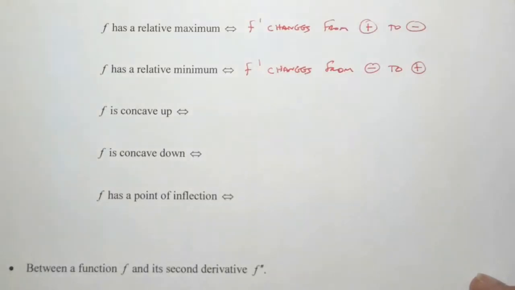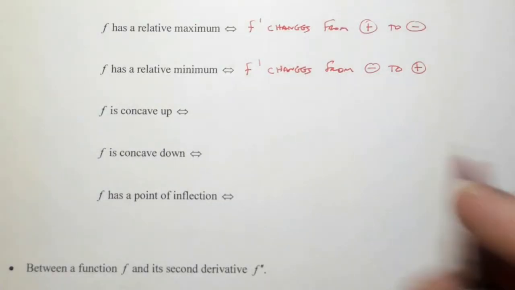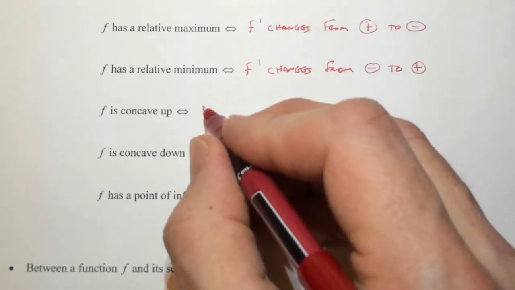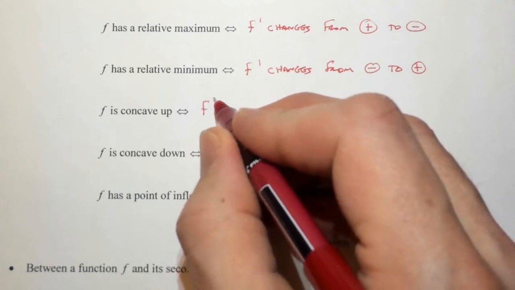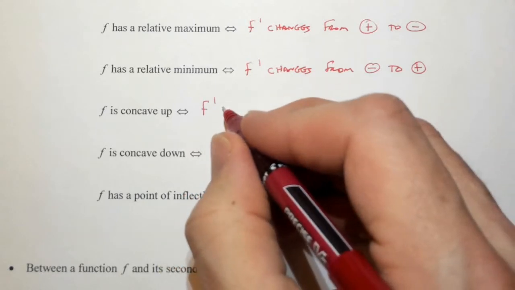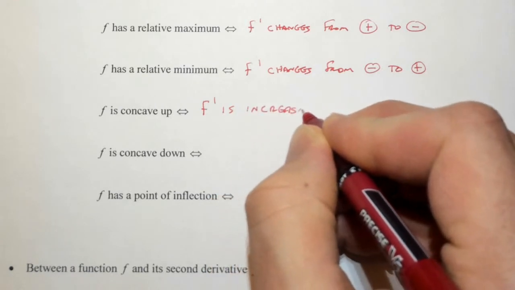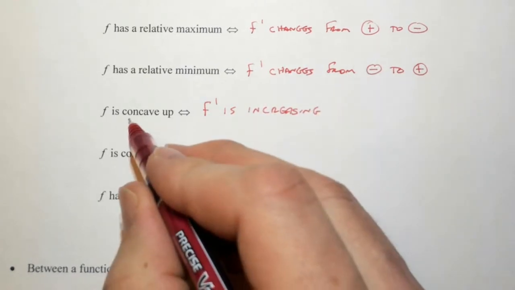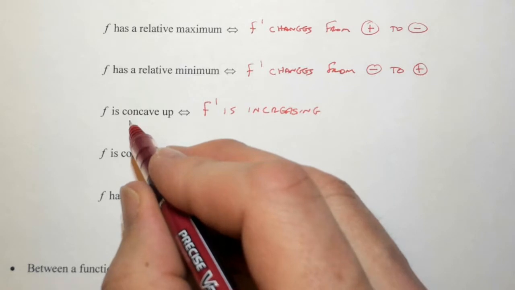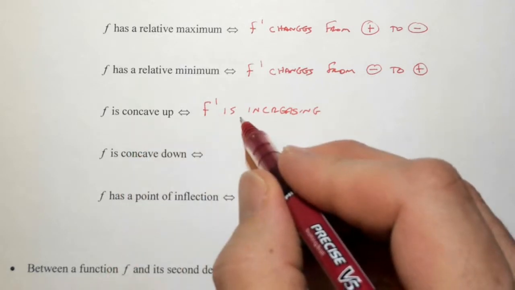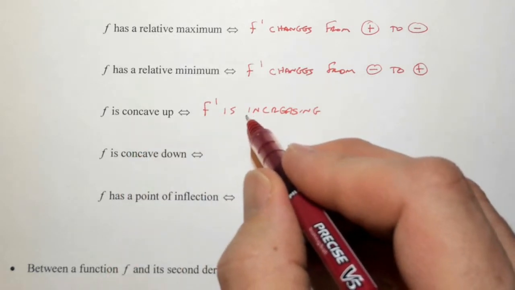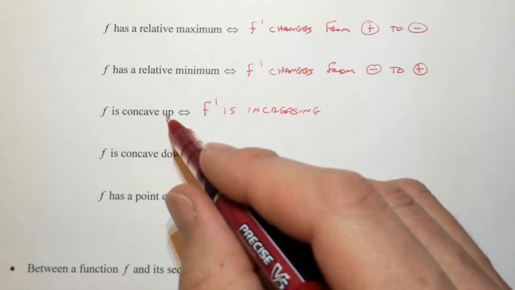Going back here, concave up, the slopes were increasing, but the derivative is the slope. So that means that the derivative is increasing. So f is concave up, shaped like a U, when its derivative is increasing, and an increasing derivative means a concave up function.